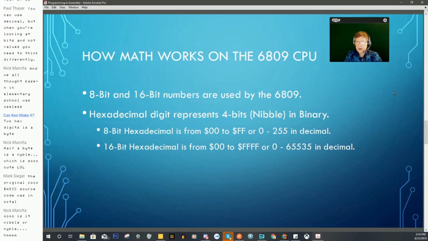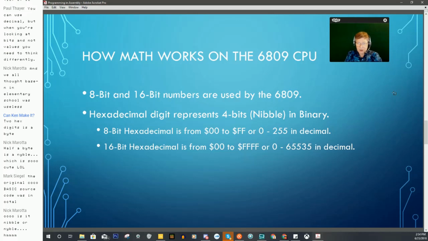As I was saying before, hexadecimal digits are represented in 4 bits, a nibble, in binary. In other words, an 8-bit hexadecimal number can go from 00 to FF, or 0 to 255. Now you understand why when you do a poke, it's never higher than 255.